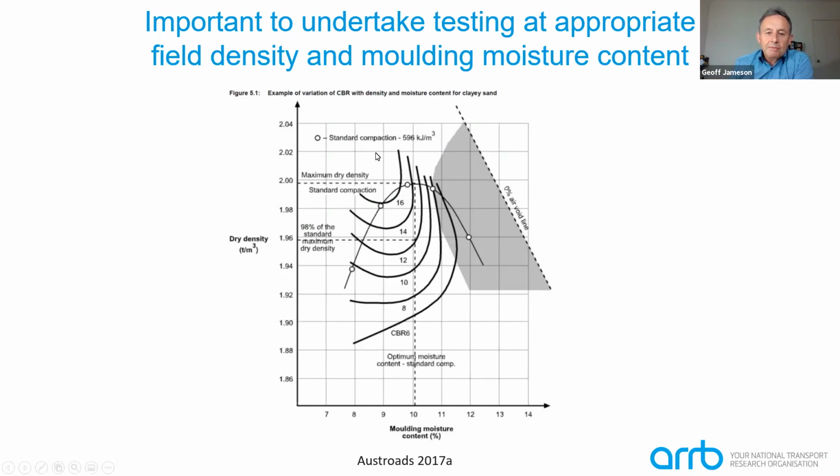And for example, if you thought the in situ densities were about 100% of standard Proctor compaction, you could go along here and see the significant variation in the CBR for minor changes in the moisture content. And you can see here how significant small changes in moisture content are to the CBR result. And this is for a clay sand.